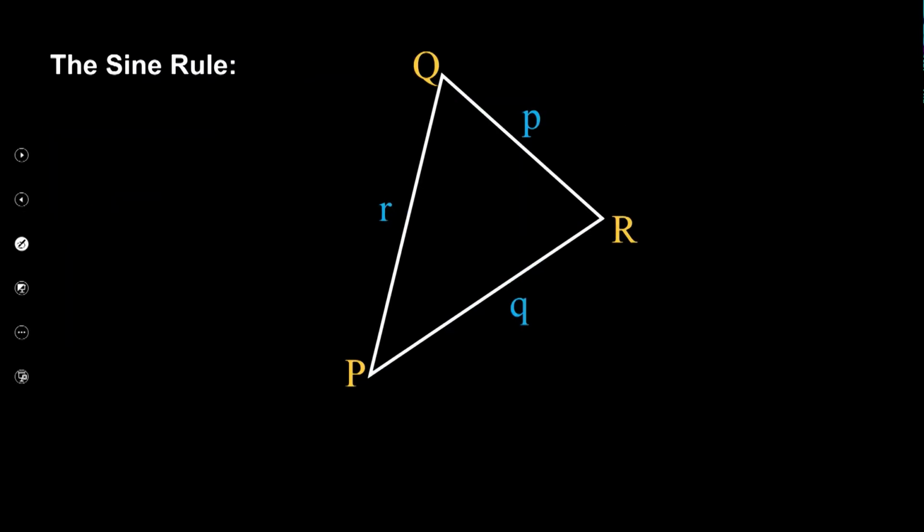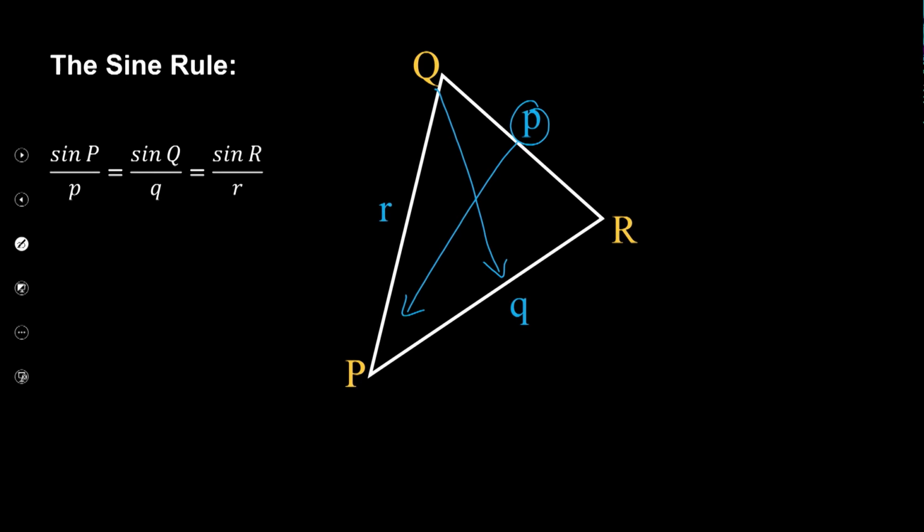If we have a triangle PQR, as we do here, the side opposite P is labeled little p, and we have little q across from the vertex Q, and similarly with R. So we just adjust the formula for the sine rule using P, Q, and R. Our formula will look like this: sine P over p equals sine Q over q, which equals sine R over r. And the reciprocal version is little p over sine P, and similarly q over sine Q, and r over sine R.